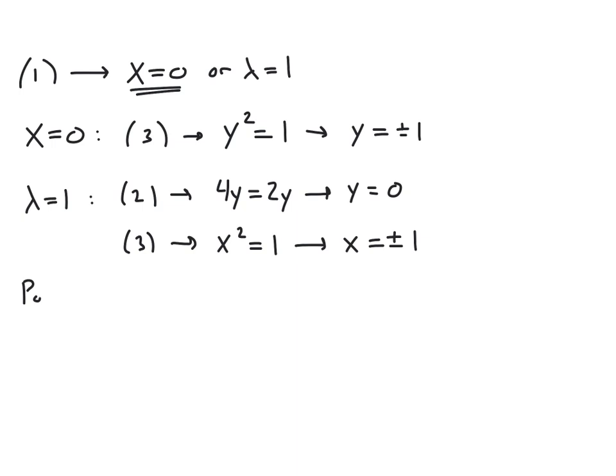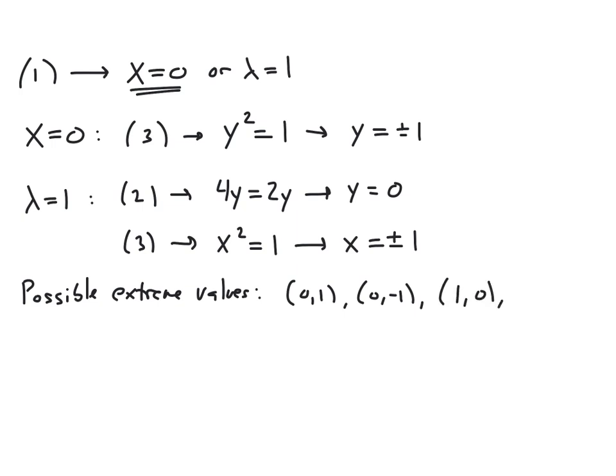So in this case, what we can do is we just check our possible extreme values. So our possibilities are, in our first case, we had x equals 0 and y plus or minus 1. So (0, 1) and (0, negative 1). In the second case, where lambda was 1, we ended up getting x being plus or minus 1 and y being 0.